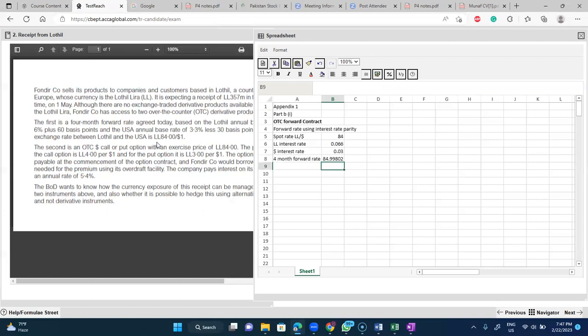So 84.99. Now foreign currency amount is 357. Expected home currency amount, divided by this, is 4.2 million. That is $4.2 million forward.